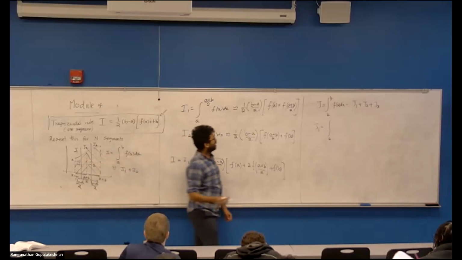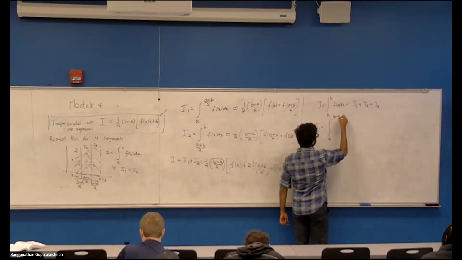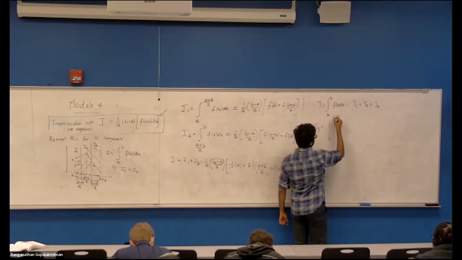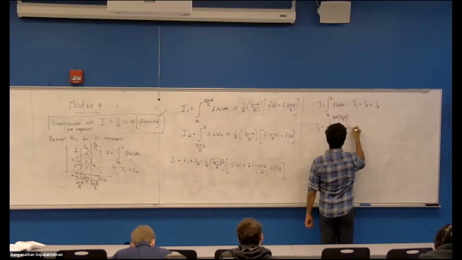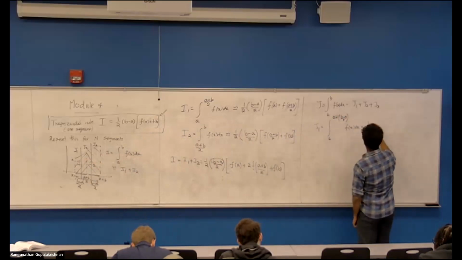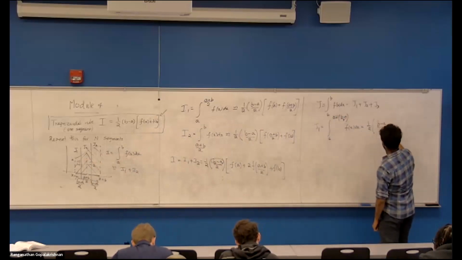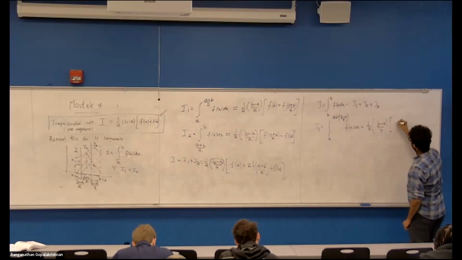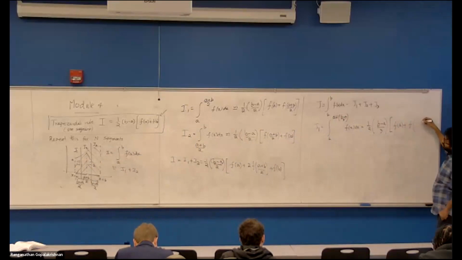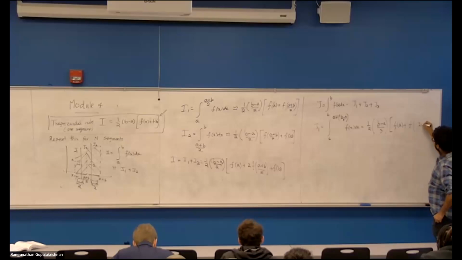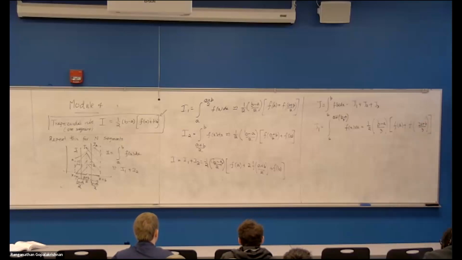So J1 is the integral from a to a plus (b minus a) divided by 3 of f of x dx, which is half of (b minus a) divided by 3, and I have f of a plus f of, what is this? 2a plus b divided by 3. That is J1, first segment.